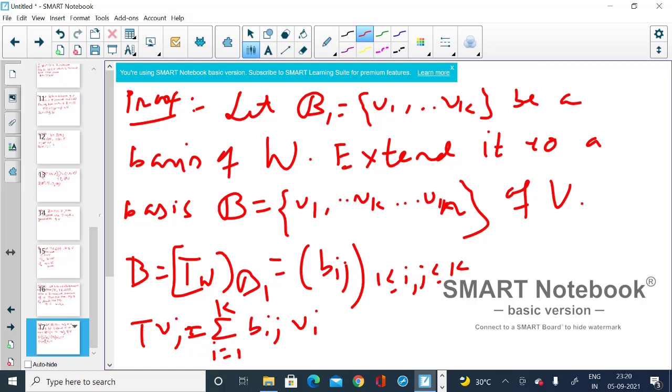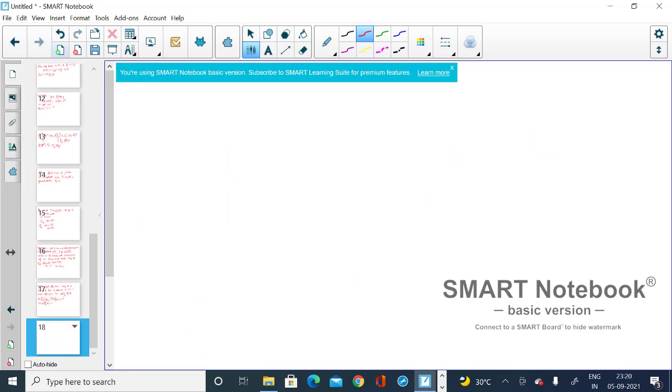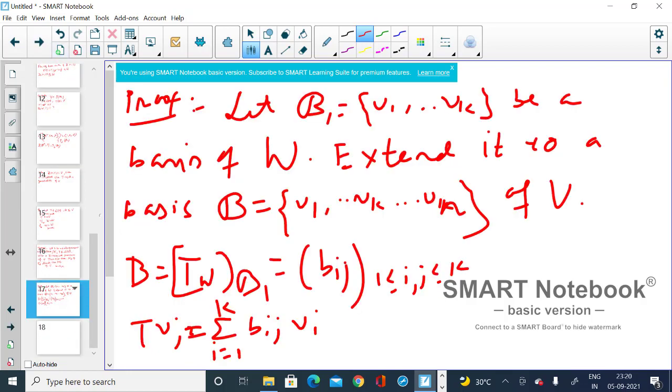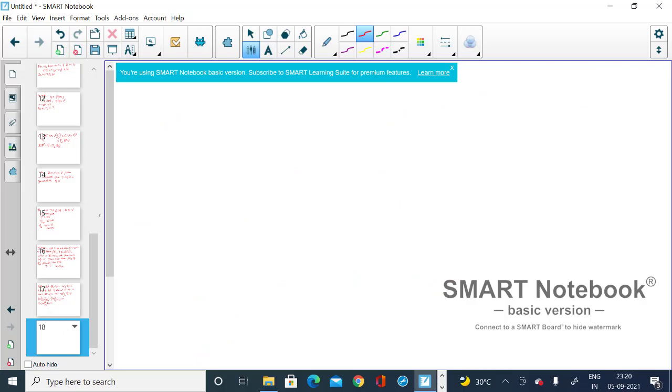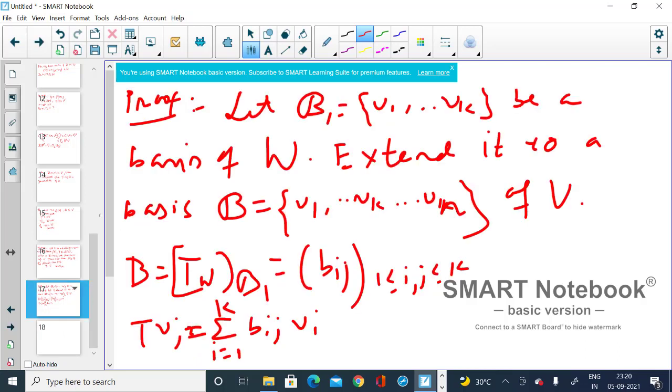Now when you're talking about the matrix representation of T with respect to the basis B, maybe you can write this as B dash, otherwise there are too many B's.